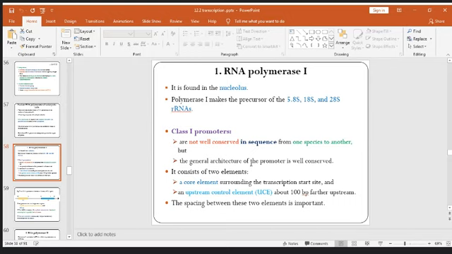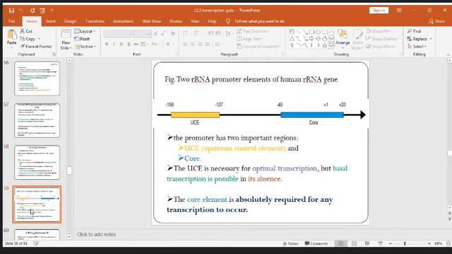This core element is surrounding the transcription start site, the center site, and also, as we have seen previously, there are upstream control element regions in some of those genes. Those upstream control elements are about 100 base pairs farther upstream. And the spacing between the two elements is important.